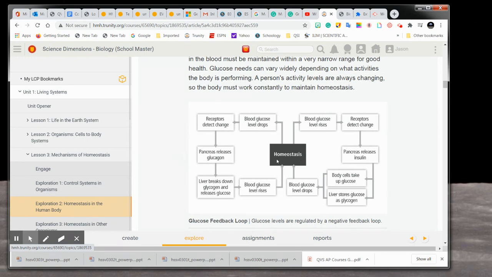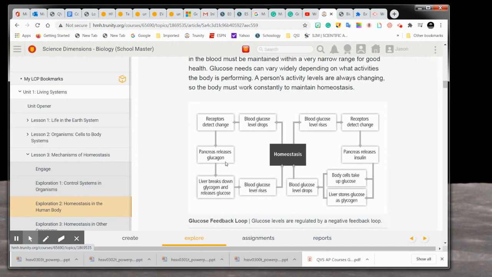Let's say you're at a state of homeostasis, and then your blood sugar drops. One of the side effects of your blood sugar dropping is that you get hungry. In some situations, people can get a little bit irritable, or hangry, as they call it, or you're in a bad mood because you're hungry. There's a reason for that, because your glucose levels have dropped, and the receptors detect this change and send a message to the pancreas, which releases glucagon.